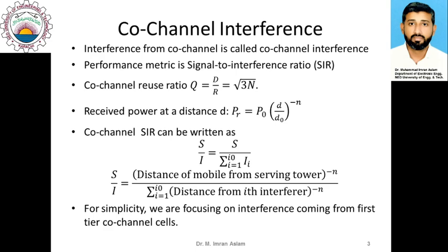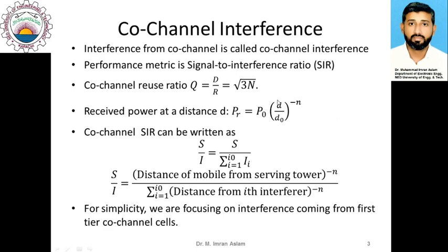As we said, the important parameter for analysis of interference is signal to interference ratio. So the co-channel SIR is denoted by this expression, where S is the power from the serving base station, and this denominator is actually the sum of all powers which are coming from the co-channel interferers.